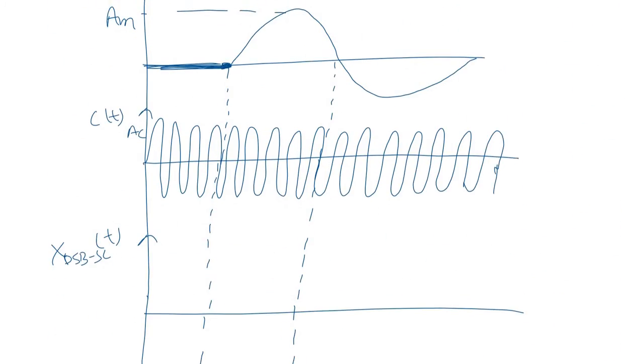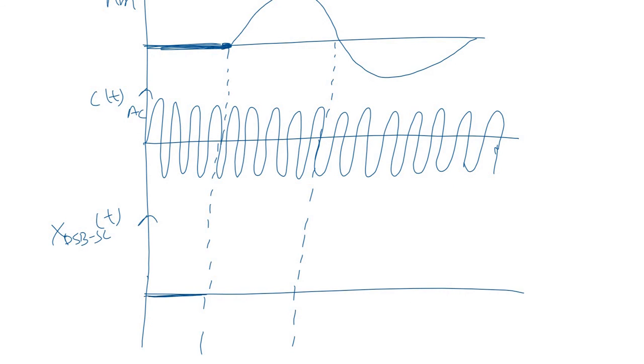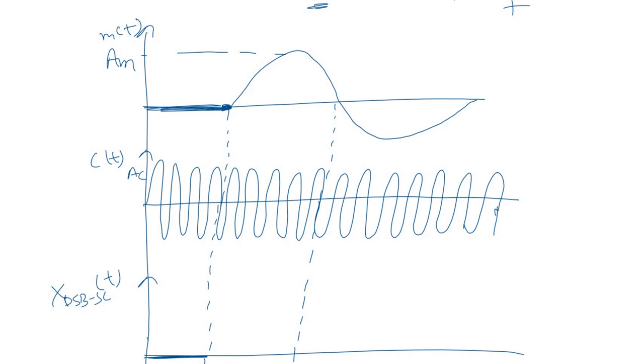So irrespective of the carrier, the output will be 0. Now we apply the message signal, and we have to analyze what will happen to the output when the message and the carrier are applied simultaneously.